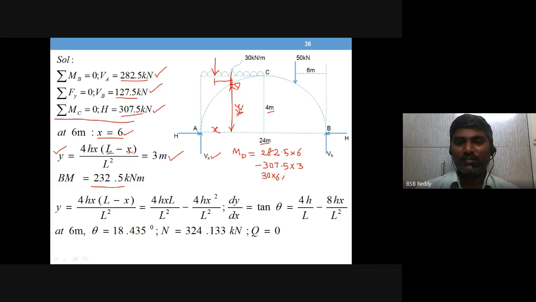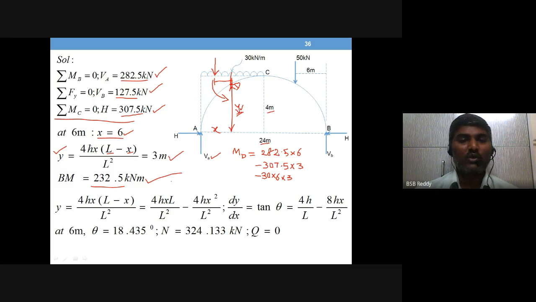Half of that distance, which means 3. What is the direction? It is anti-clockwise. So we are calculating moment about D. So left anti-clockwise is negative. So these are all the moments that you have to the left of D. That's it.